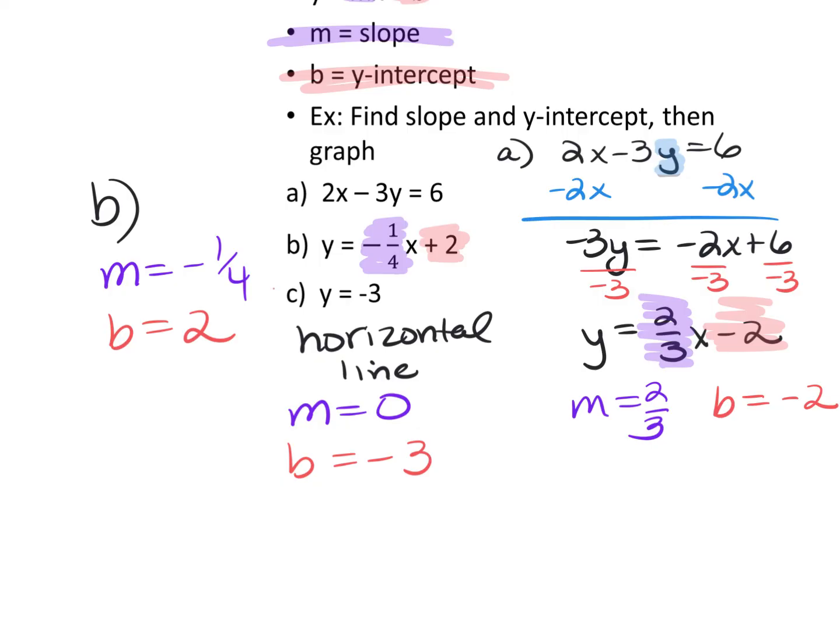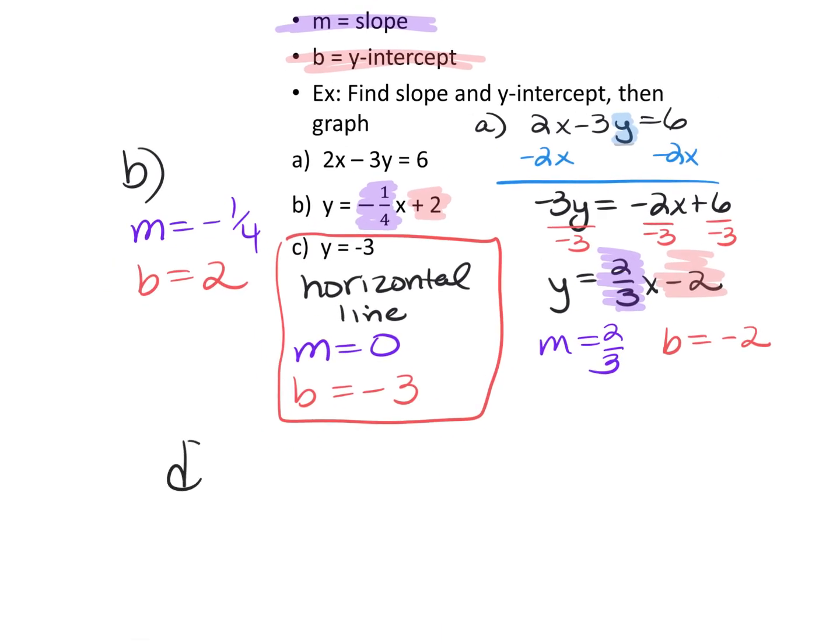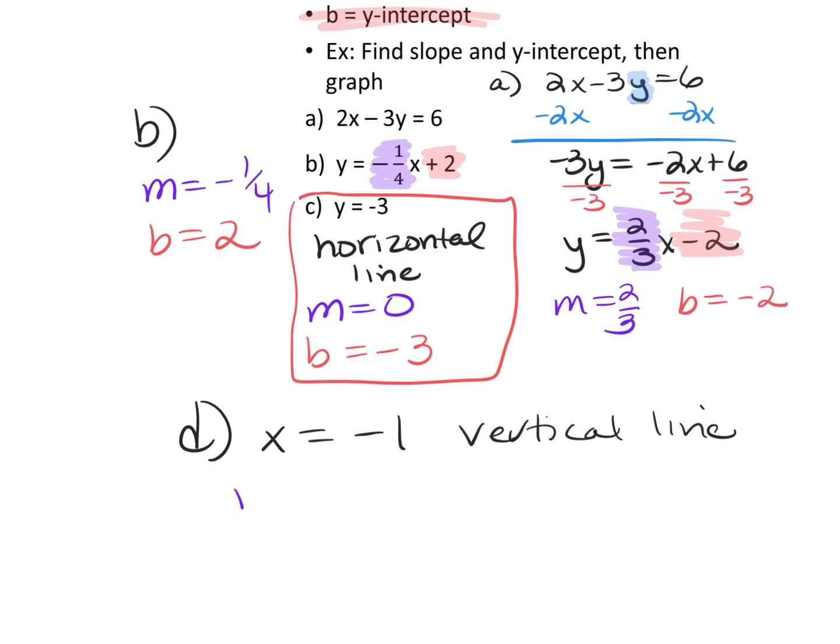Let me add an example here and show you x equals a number. So let me add a d here, and let's say it's x equals negative 1. Notice this one doesn't have a y. This is going to be the graph of a vertical line. Remember, the slope of a vertical line is undefined.